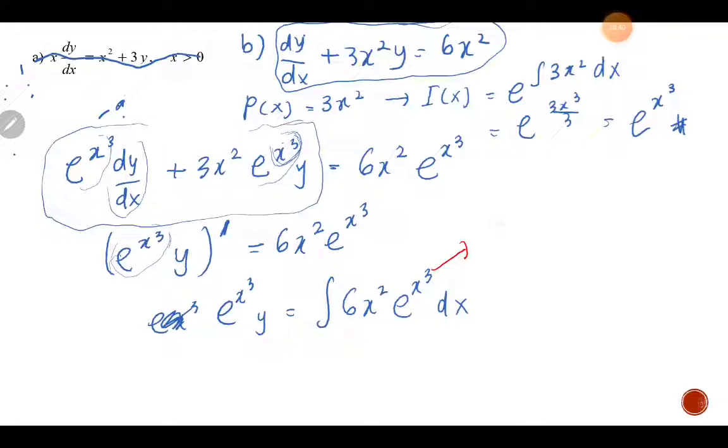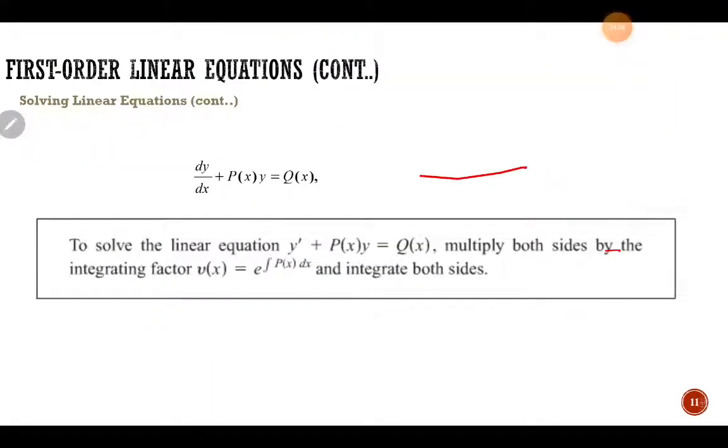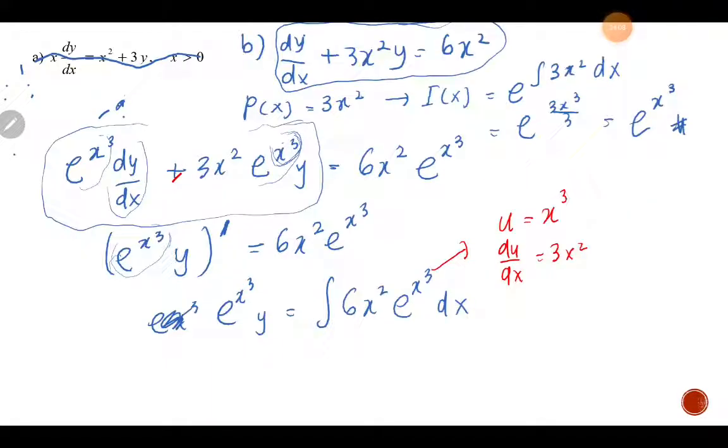Substitution method. Let u sama dengan apa dulu? Let u equals to x cube lah. Sebab kita nampak kat sini ada x square. U equals to x cube. So du over dx sama dengan 3x square. So if you want to change, kita akan dapat dx kita sama dengan du over 3x square.